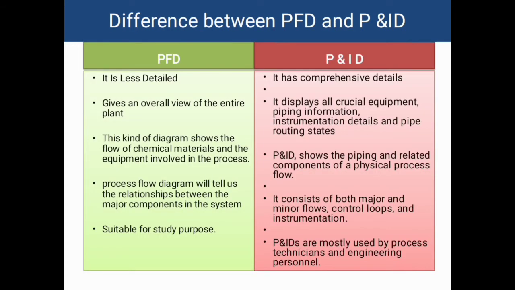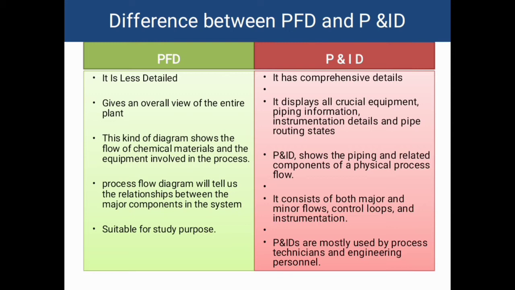Then we can see what is the difference between process flow diagram and process instrumentation diagram. In the process flow diagram, very few details are given. In P and ID, it has comprehensive details. In PFD, the instrument details and the piping details will not be available.